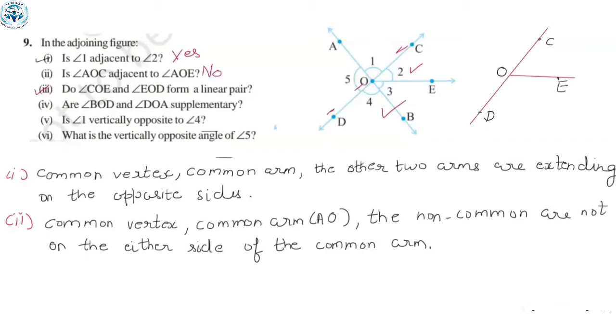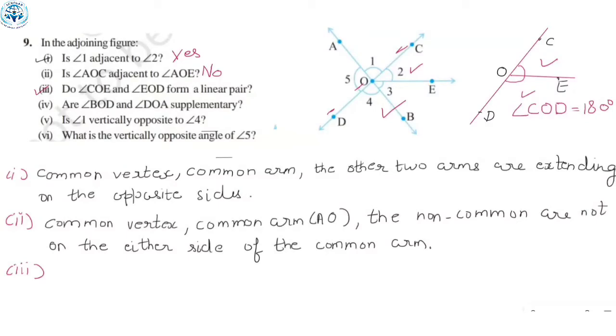Now you can easily find out whether they are linear or not. Angle COE and angle EOD, the sum is 180 degree because COD is a straight line. So angle COD is equal to 180 degree, which is the sum of angle COE and EOD.